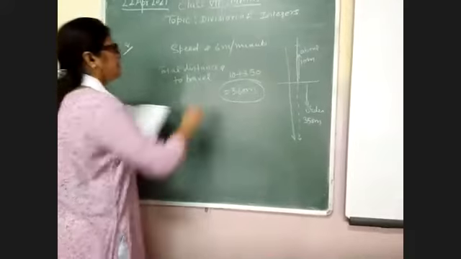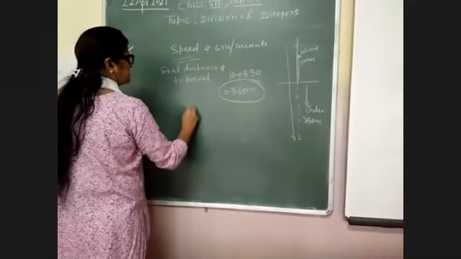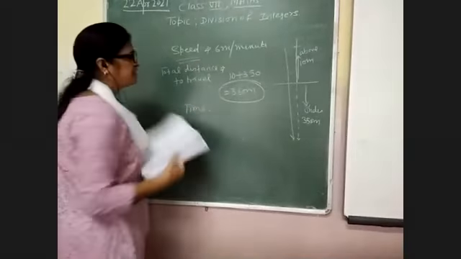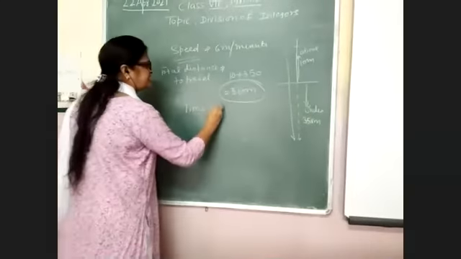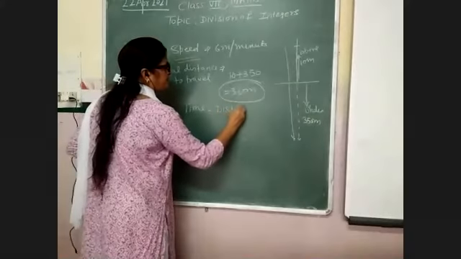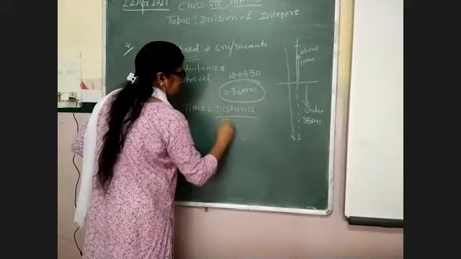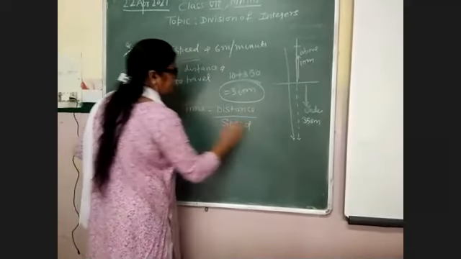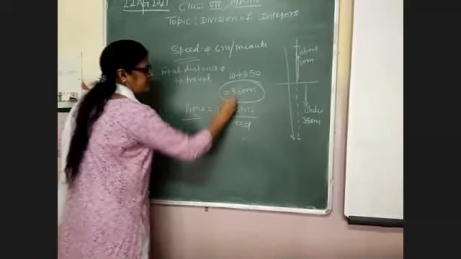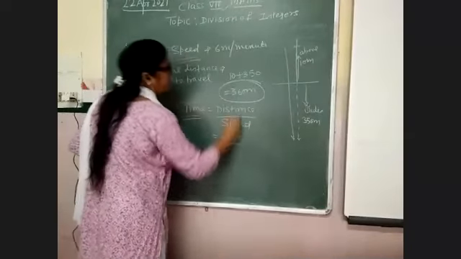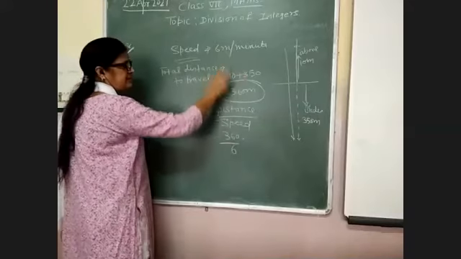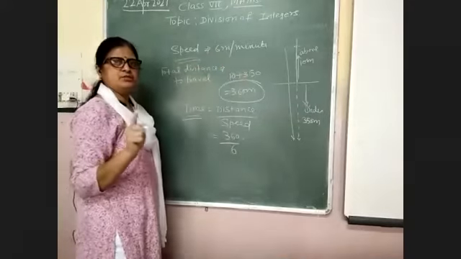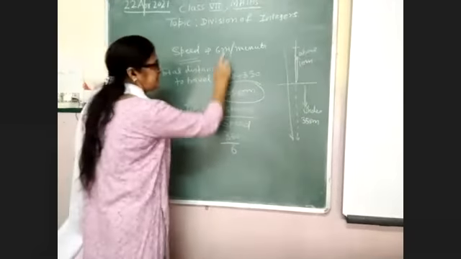So we have to find how much time it will take to reach 350 meters under the ground. So distance upon speed is equal to time taken. Distance is given 360 and speed is given 6 meters. This is also in meters. You have to see the units in this question. The unit is the same.